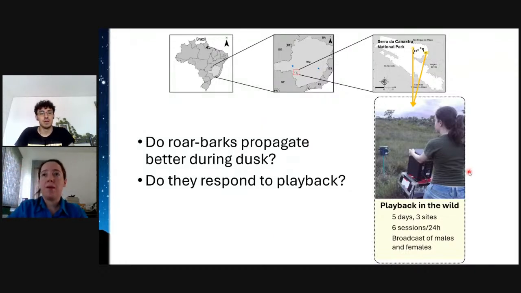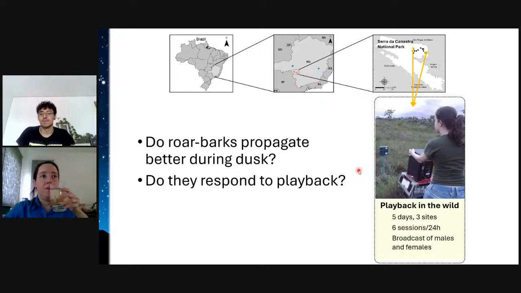And a playback is when you get a recording of the animal, you go to the field, and you play that recording to the animal, and what you're going to analyze is the animal's response to that sound. You are basically asking the animal a question through their own vocalizations.